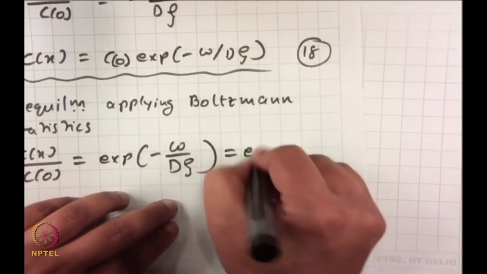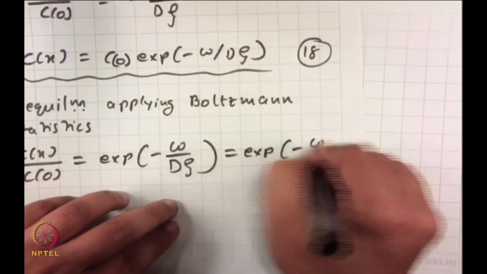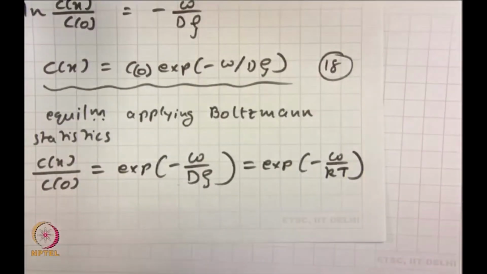Can someone tell me? Exp minus W over kT, because for Boltzmann everything is defined in terms of thermal fluctuations, which is kT, isn't it?